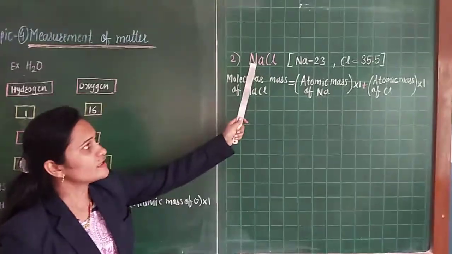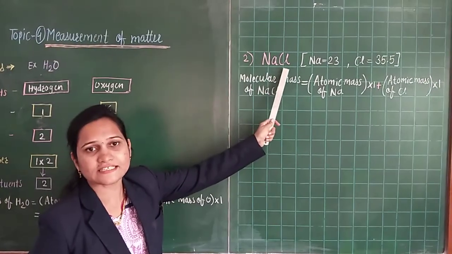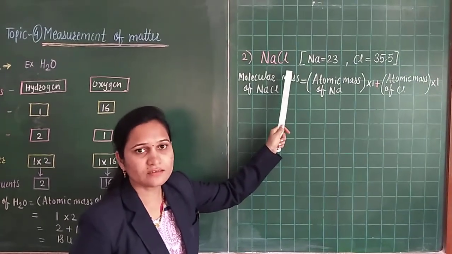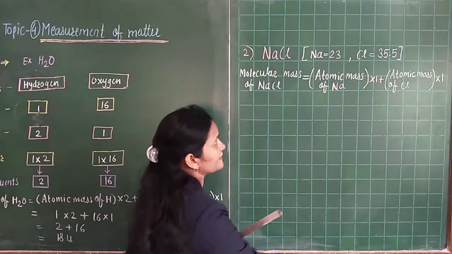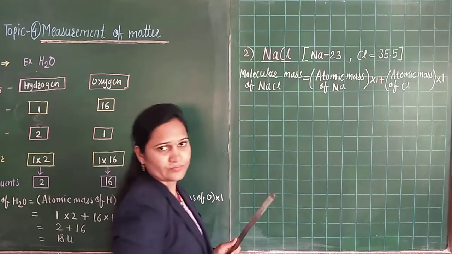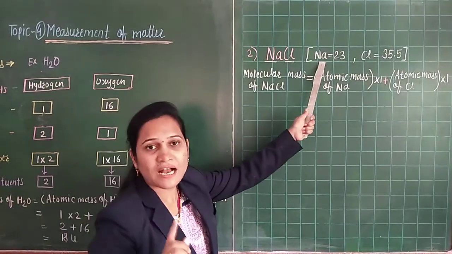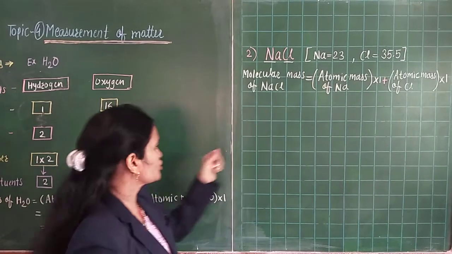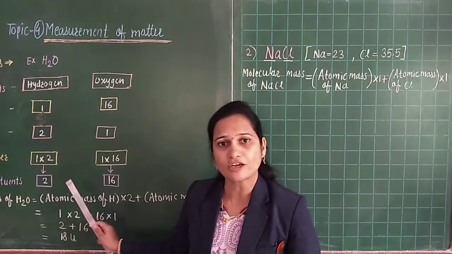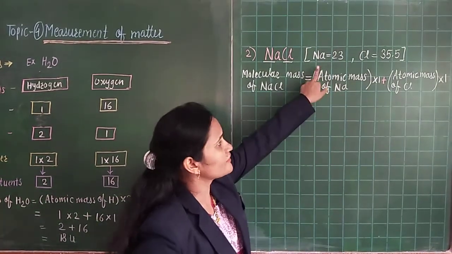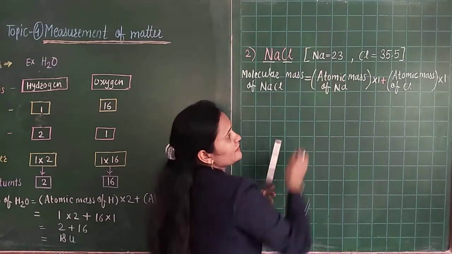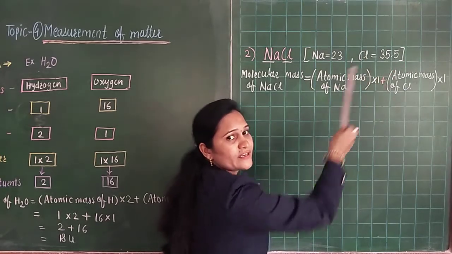Related to this, I have written one more example on the side. Observe it carefully. The next example is NaCl. What is the name of this compound? Sodium chloride. Total how many constituents are present in NaCl? 2 constituents, Na and Cl. Already I have written the mass of constituents in the bracket: mass of Na is 23 and chlorine is 35.5.